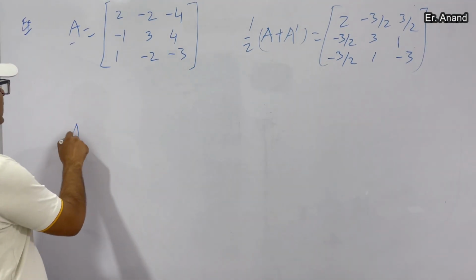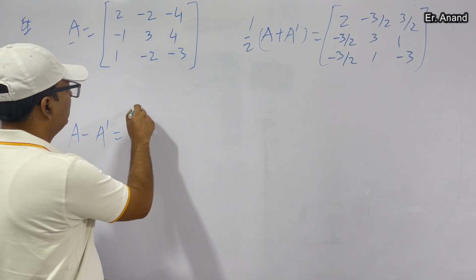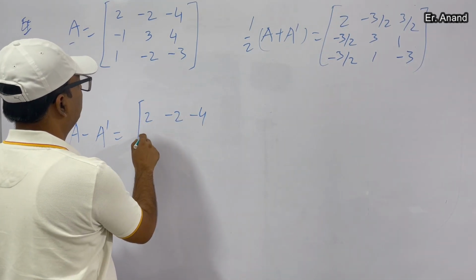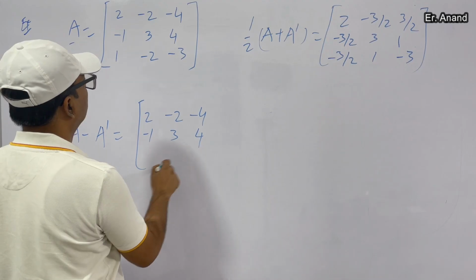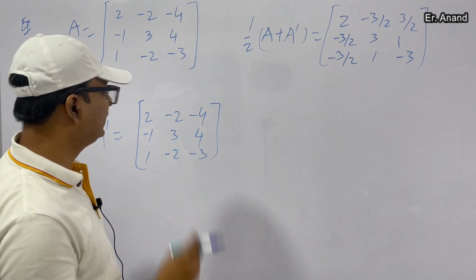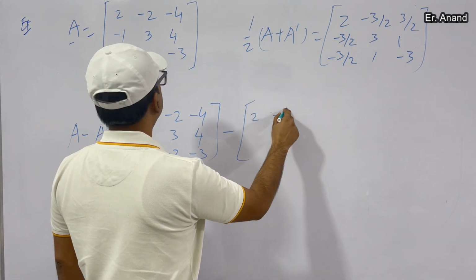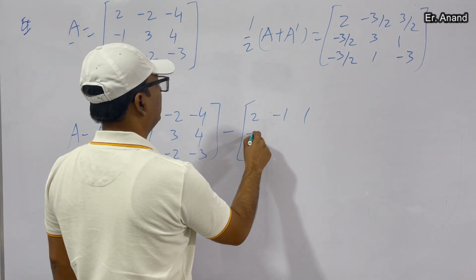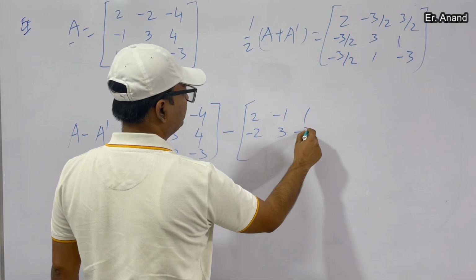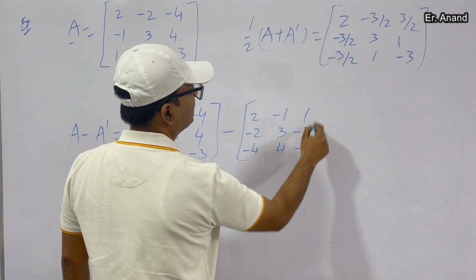Now let's see the second part. A minus A dash. A is 2, minus 2, minus 4; minus 1, 3, 4; 1, minus 2, minus 3, and minus A dash is minus 2, 1, minus 1; 2, minus 3, 2; 4, minus 4, 3.